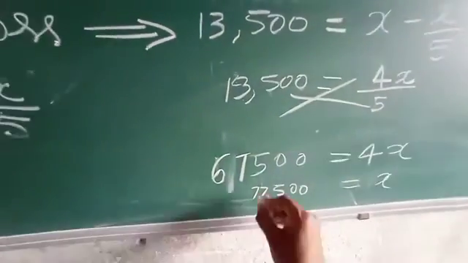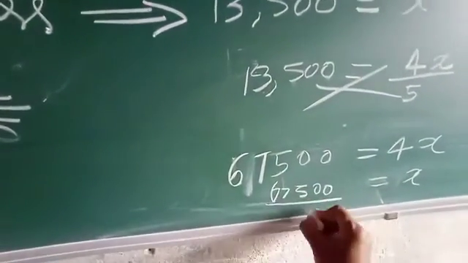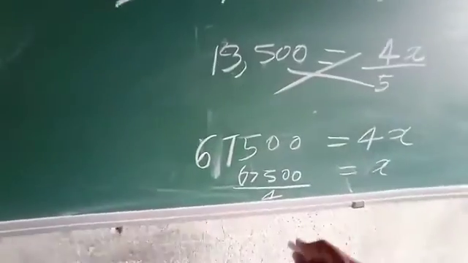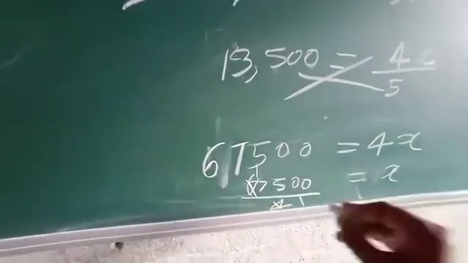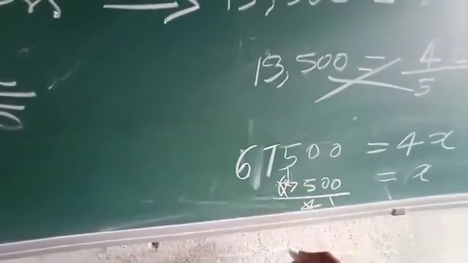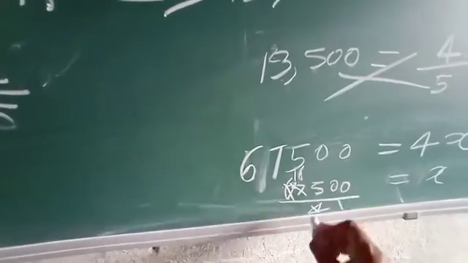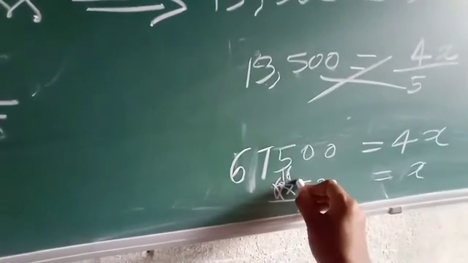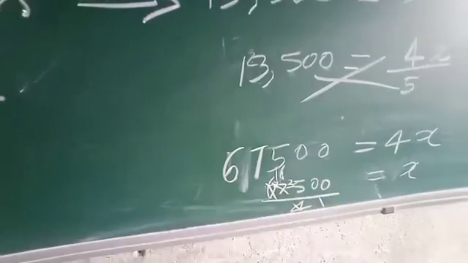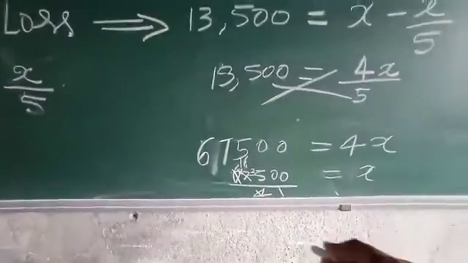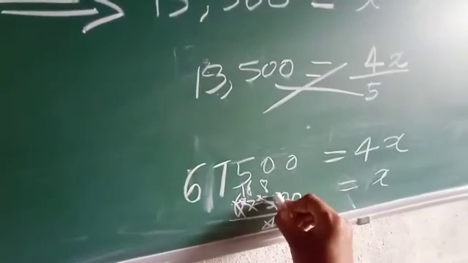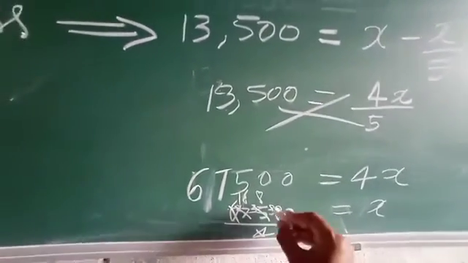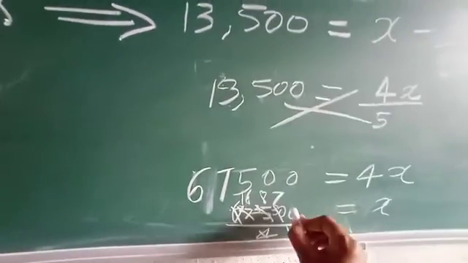67,500 divided by 4. 4 ones are 4, then 1... 4 sixes are 24, 4 eights are 32, 4 sevens are 28.